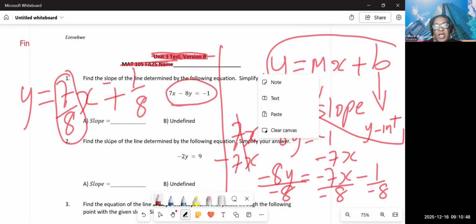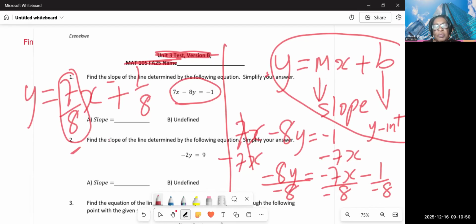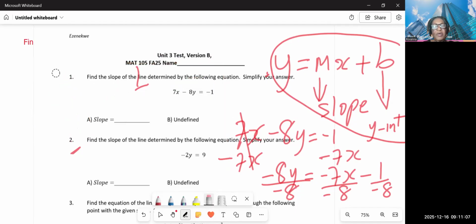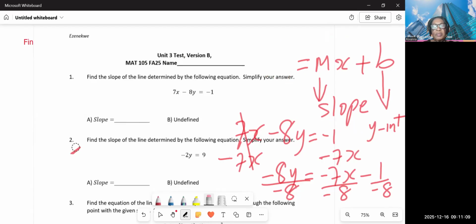The coefficient of x is the slope of the line. Okay. So that is number 1. Let's go to question number 2. Let's clean up first.